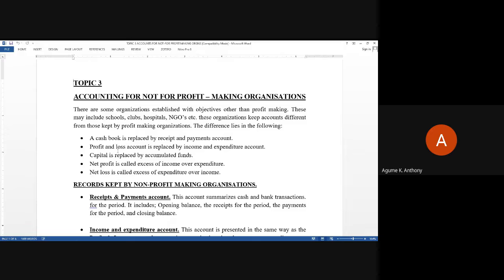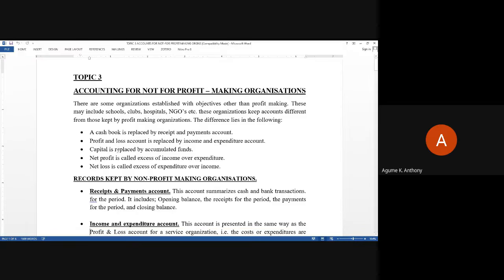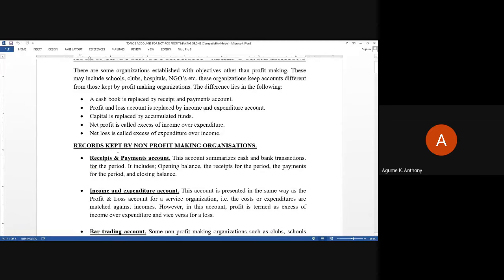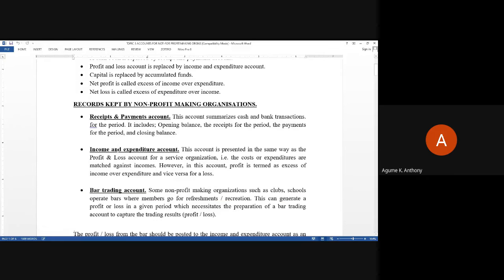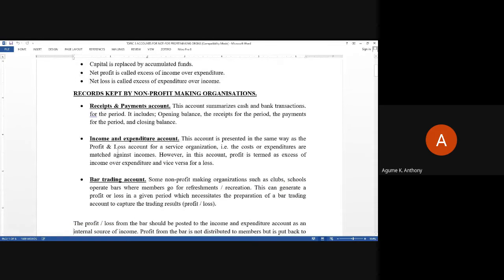So what are the records kept by non-profit organizations? One, we have the receipts and payments account, and this summarizes the cash and bank transactions for the period. It includes the opening balance, the receipts for the period, the payments for the period, and then the closing balance. Then you have the income and expenditure account.